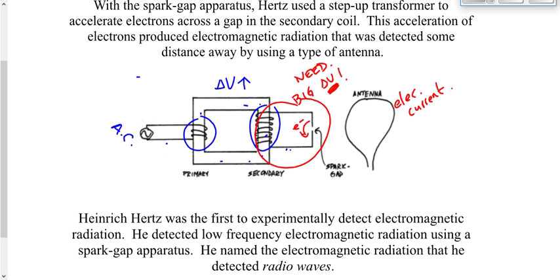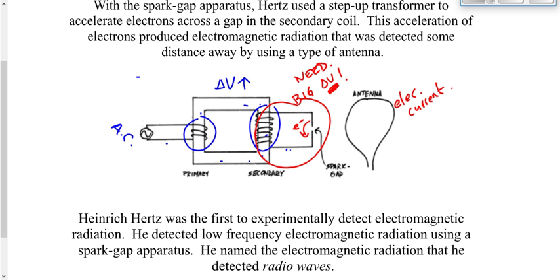But at the time, it wasn't like Hertz was trying to use radio waves. Oh, I'm going to choose to use radio waves in this experiment. There was no such thing as radio waves. They had never been observed before. He used what he used. And then when he verified that that's what it really was, he just named them radio waves.